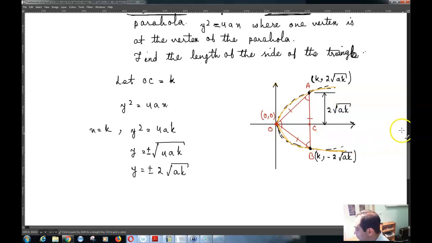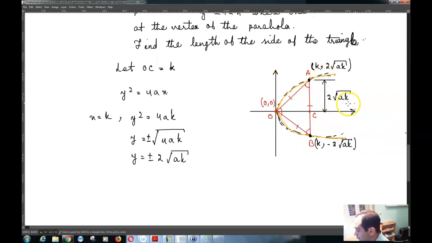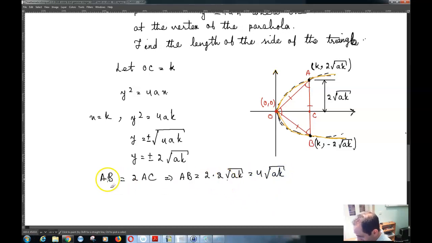And what that means is that since this is 2 times square root of ak, you know that AB, which is the distance I'm looking for, is 2 times AC, because everything here is symmetric. So I can write AB is equal to 2 times 2 square root of ak, which is equal to 4 times the square root of ak. So that is basically the length AB in terms of K.